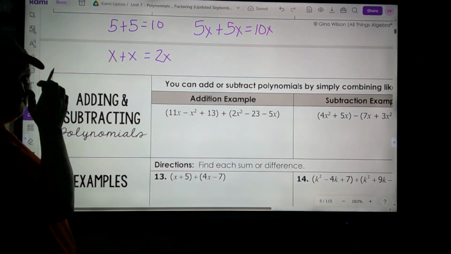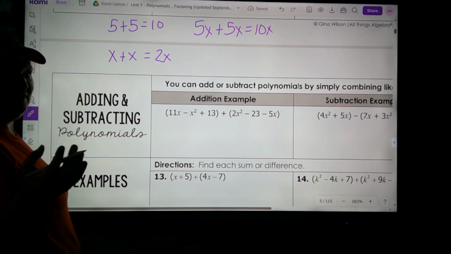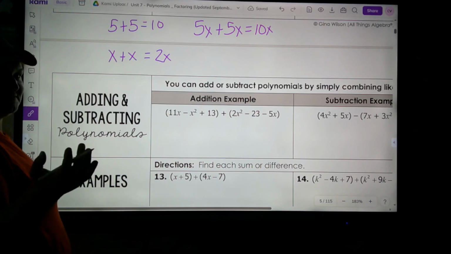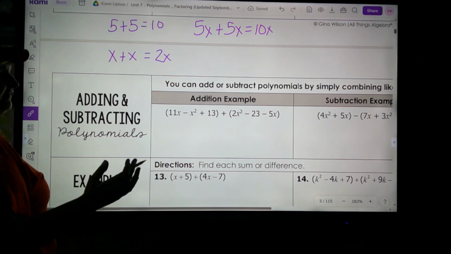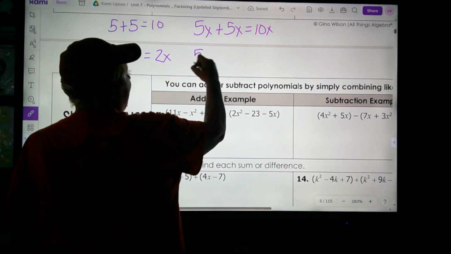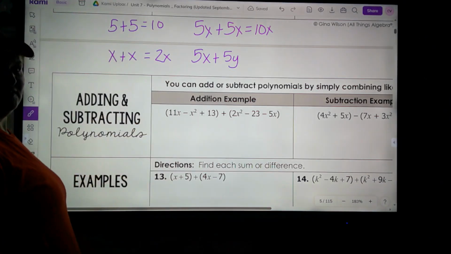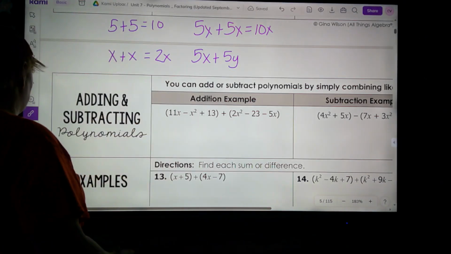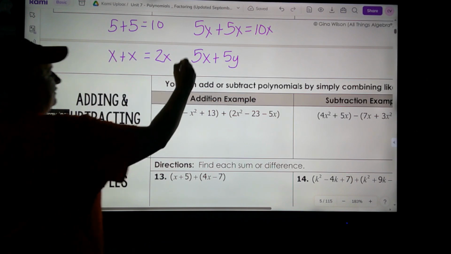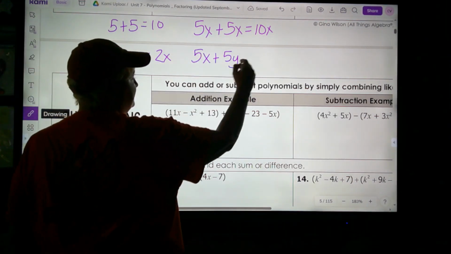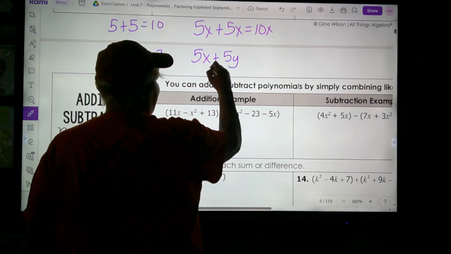It doesn't matter which variable, I'm using x, but it could be y or q or p. It doesn't matter, right? What can't be combined? Alright, 5x and 5y cannot be combined. They are not like terms. So, no. It has to be left just like this. You cannot combine, right?